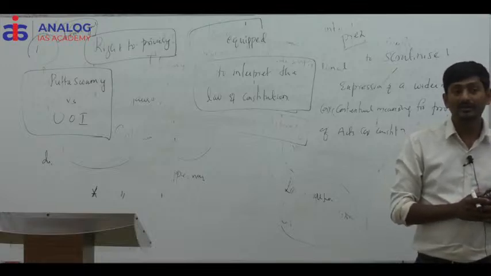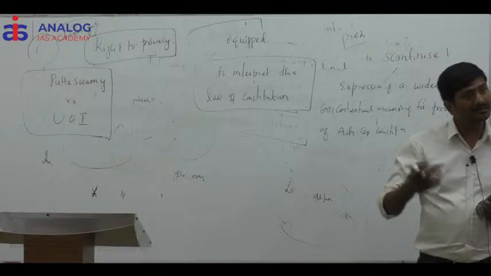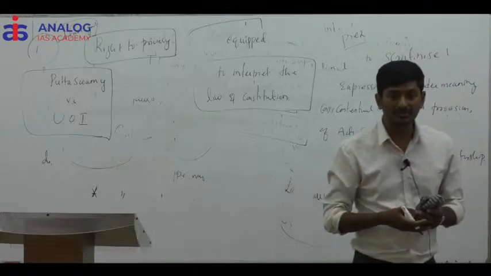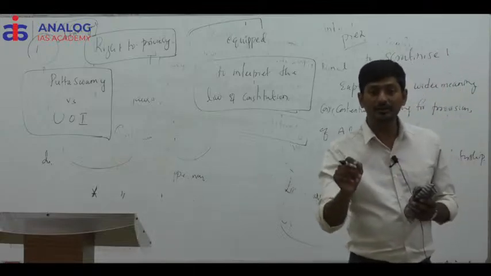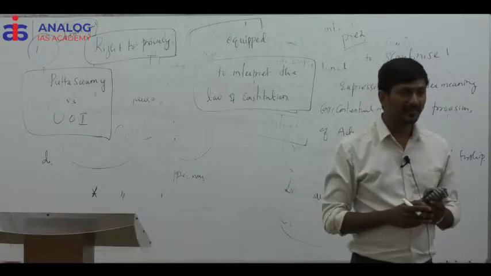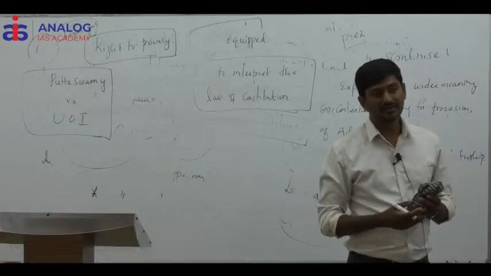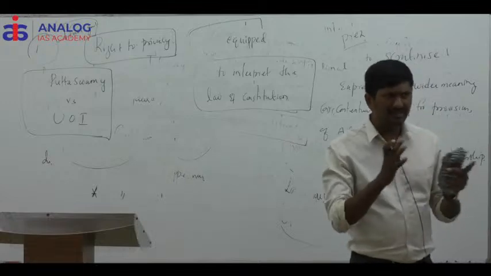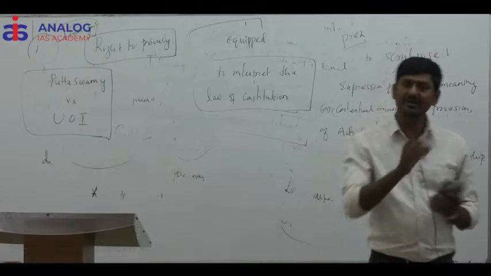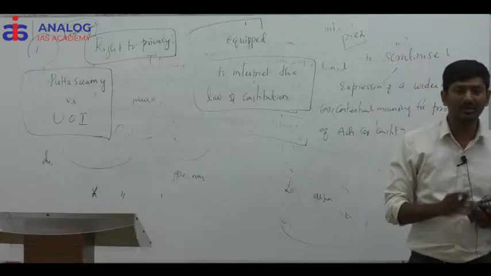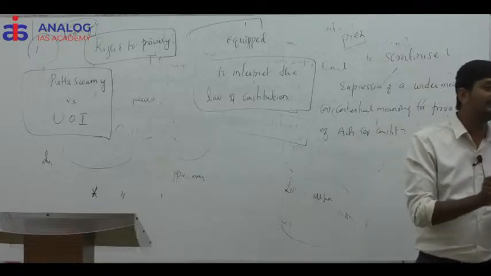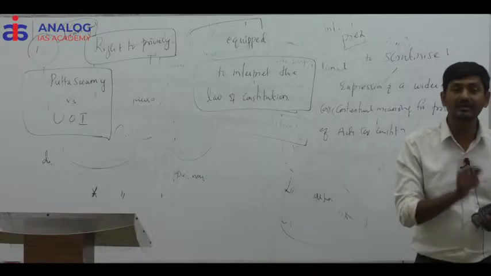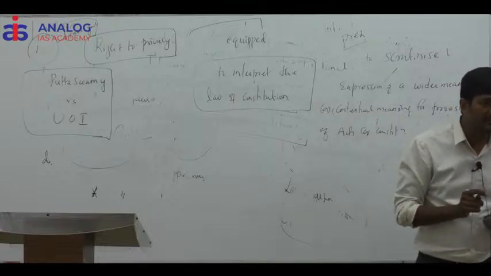Okay, then what happened? There were media reports and people approached the Supreme Court to constitute an inquiry into the Rafale matter. Then the government argued that in the case of Rafale jets, we don't want to give the clear details of the deal between the government of India and the French government, because it involves matters related to the sovereignty and security of India.